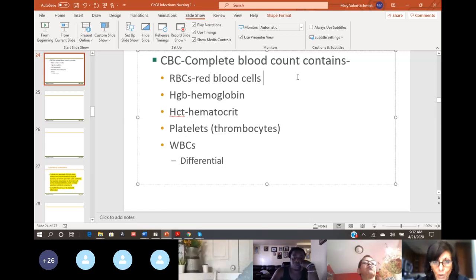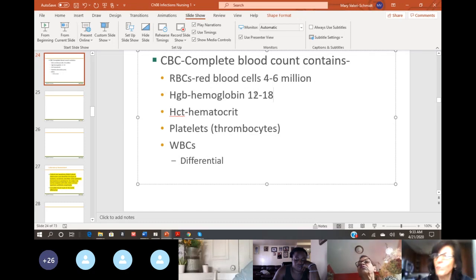In a normal, healthy, average adult human being, red blood cells should be 4 to 6 million. Hemoglobin, that's when the red blood cell picks up iron, heme, and then is able to carry oxygen through your body and feed it to your organs and your tissues. Hemoglobin should be 12 to 18.